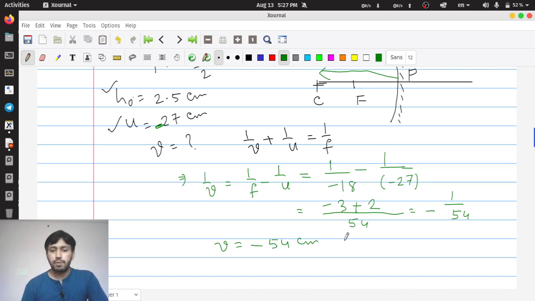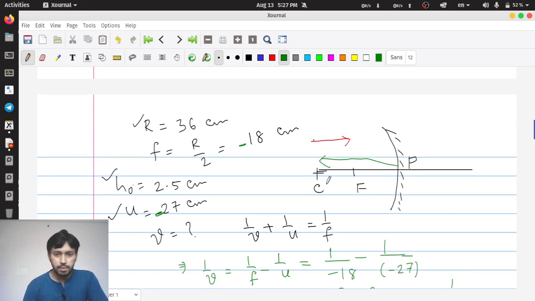So 54, that's fine. It will be somewhere here, because this distance is basically 36 centimeter. This is R, and 54 means beyond this, somewhere here the image will form. Minus means the image will be at the left hand side of the pole.